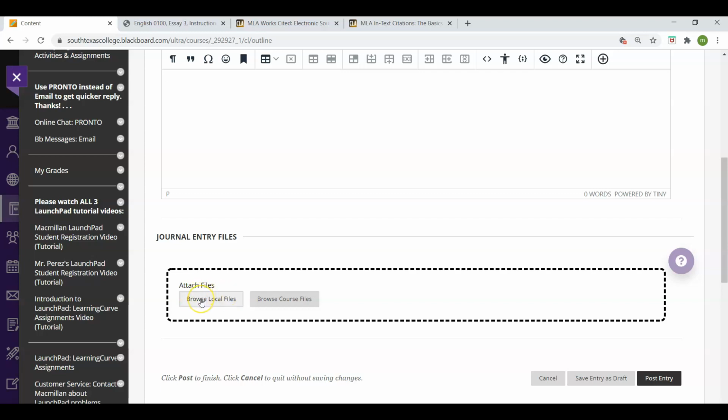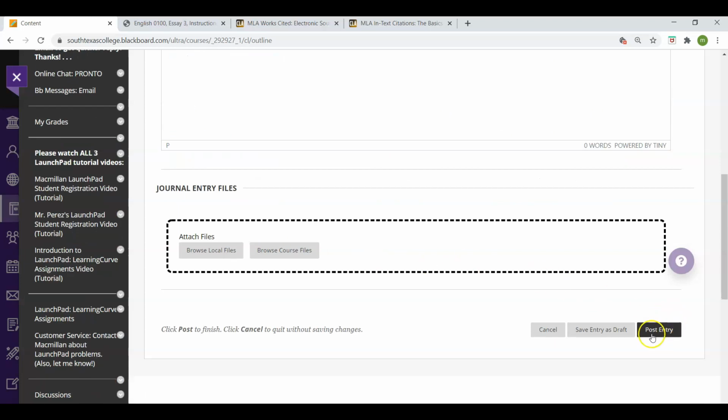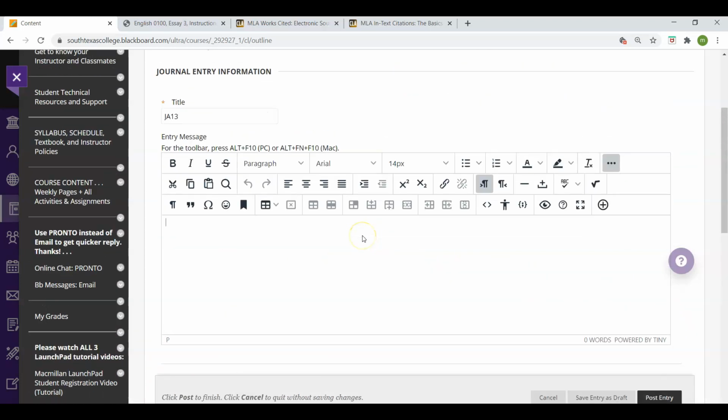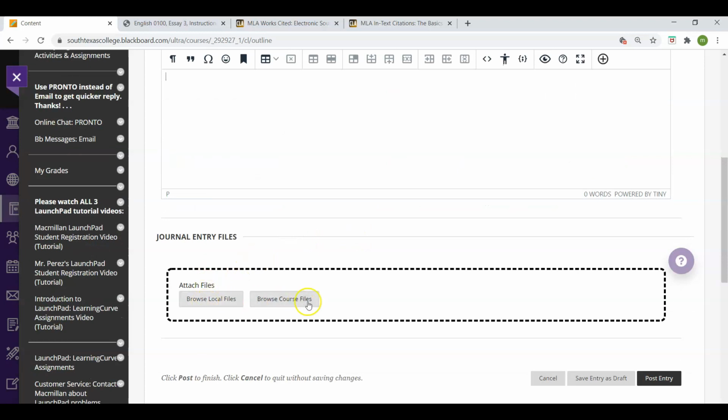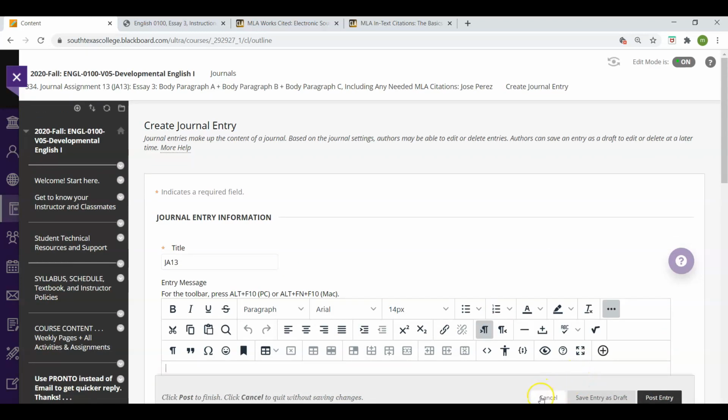If you're going to just type them here, they're going to be in the entry message box, and you just click post entry. On the other hand, my preference is that you prepare a Word document, save it on your computer or somewhere or on a USB, and then you click attach, you browse for it, attach it, and then click post entry. All right, so that's how that is done.